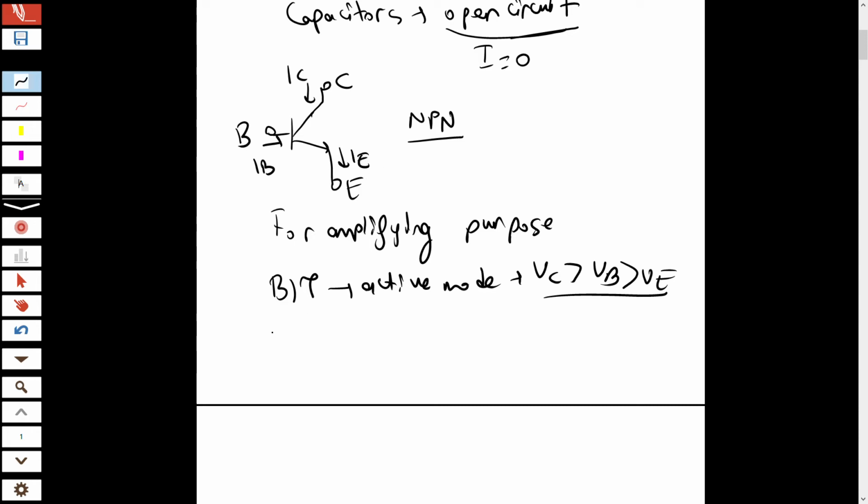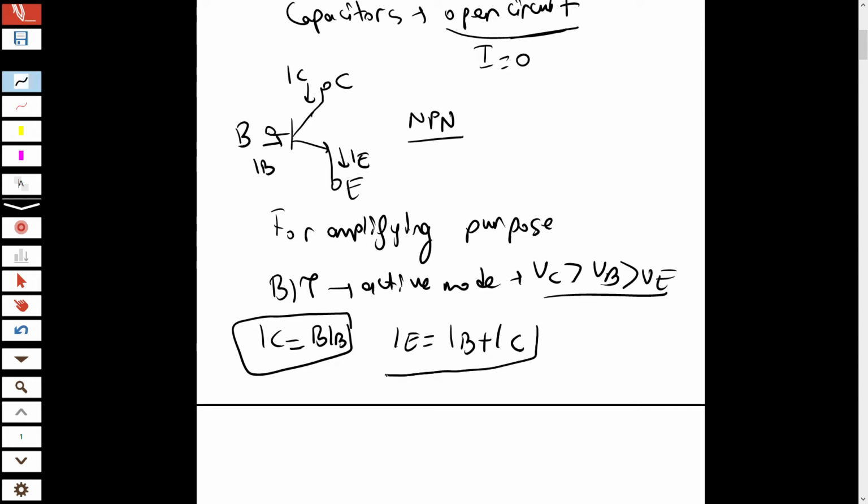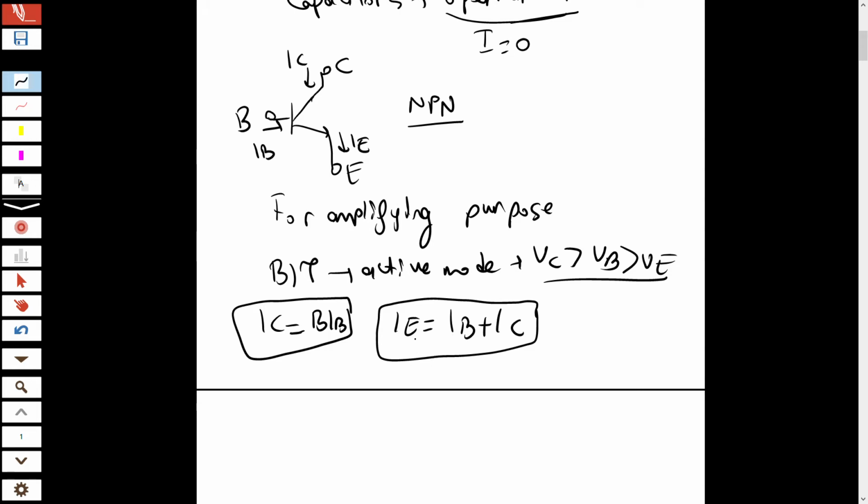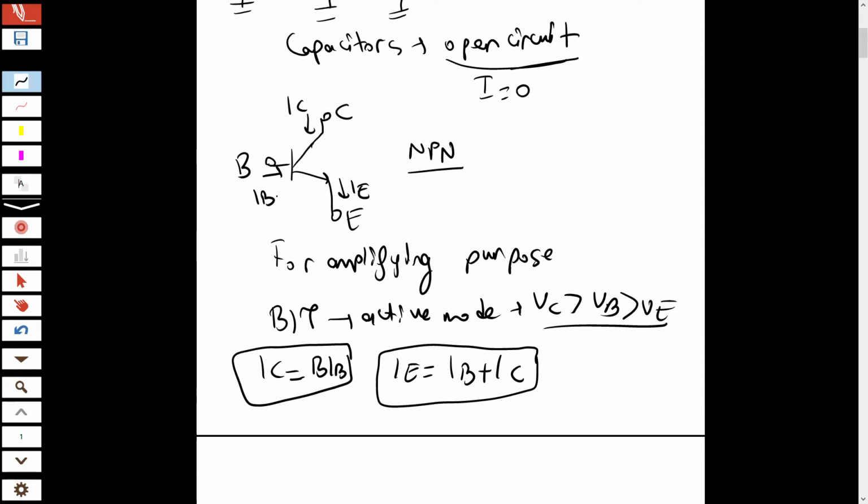There is a basic current relationship between BJT currents: collector current equals beta times IB, and if we write KCL, emitter current equals base current plus collector current, because emitter current comes out of the transistor, and base and collector current come into the transistor. Also there is a voltage drop because of the PN junction.